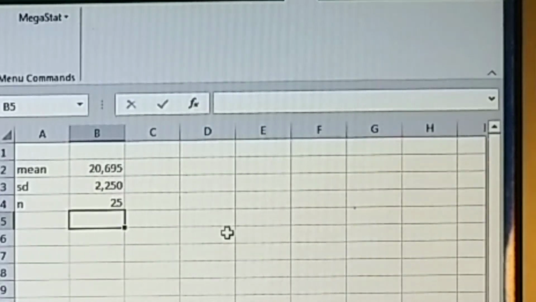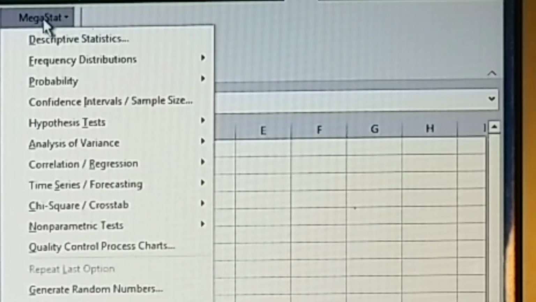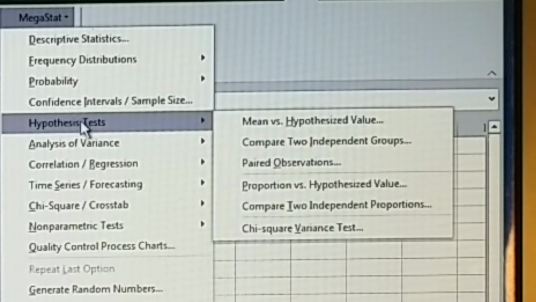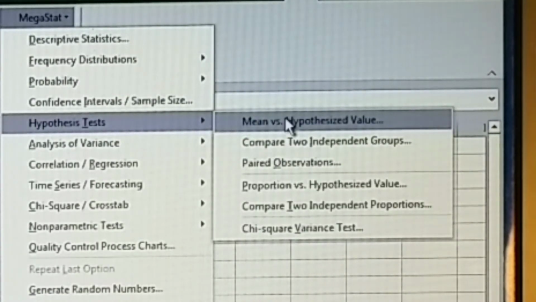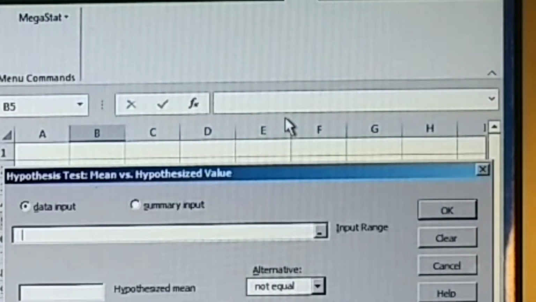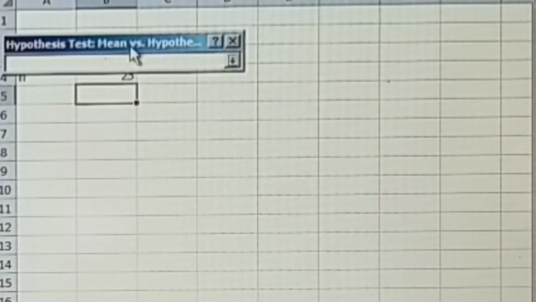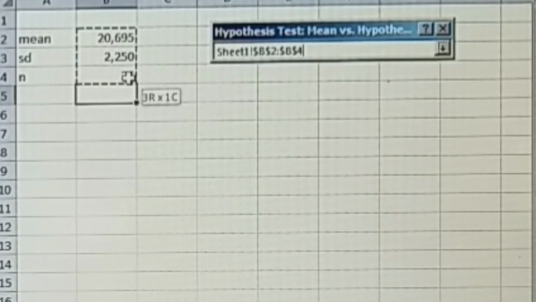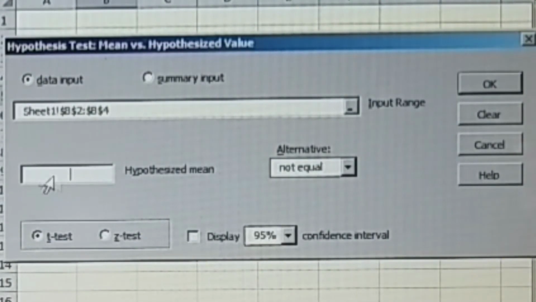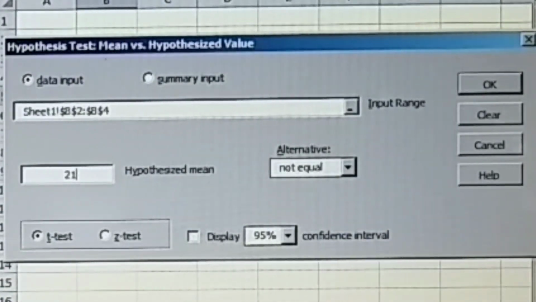Okay, so we can now use MegaStat. We click MegaStat, hypothesis tests, mean versus hypothesized value. We click input range and then drag the necessary information. For the hypothesized mean, we have 21,500.